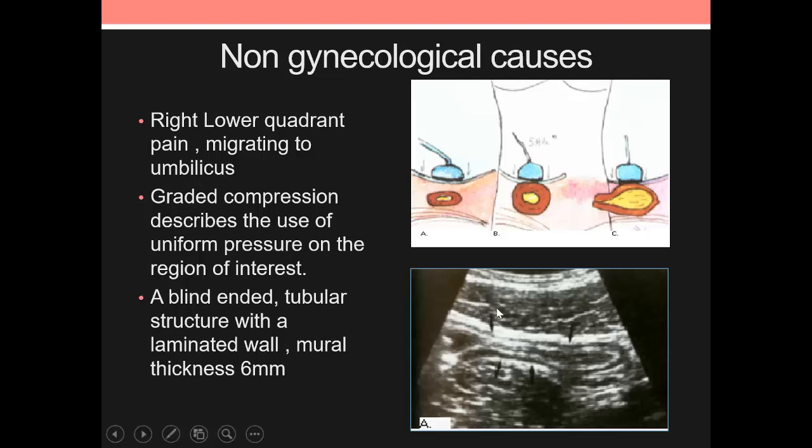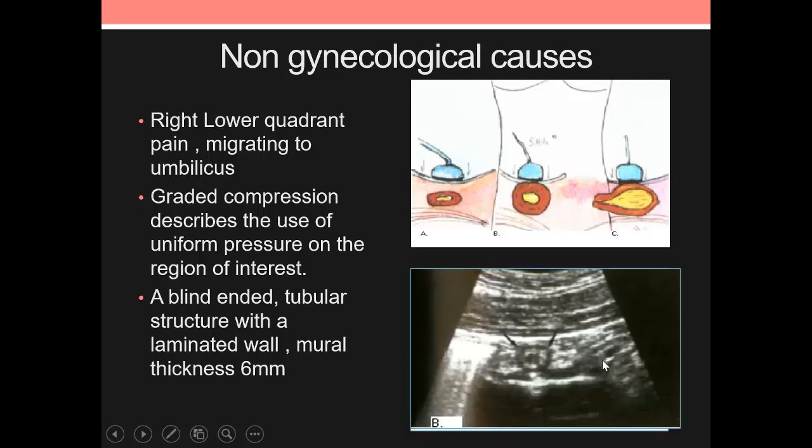And this is the normal appendix seen on ultrasound, a blind-ended structure, and these are the layers of the appendix, and this is the base of the appendix with the cecum. So this is the normal appendix, and this is the target sign seen on transverse section of the appendix here.